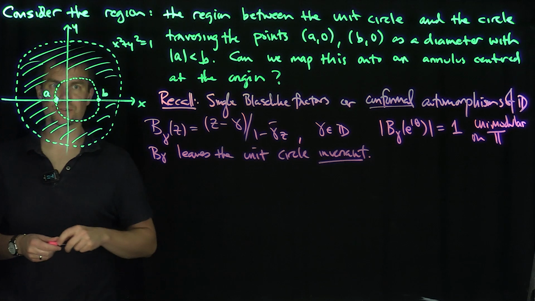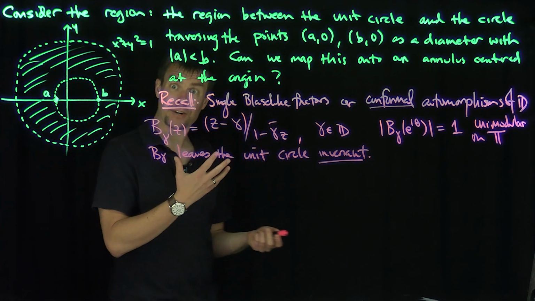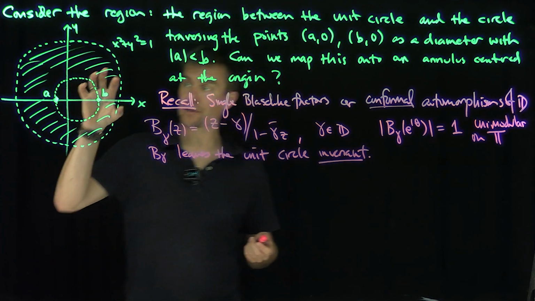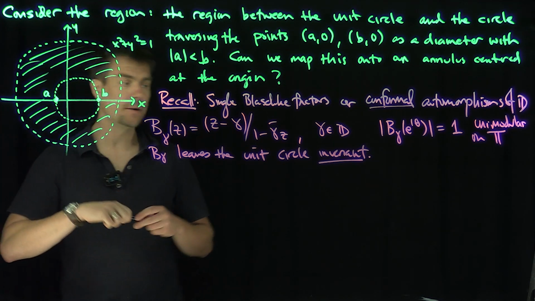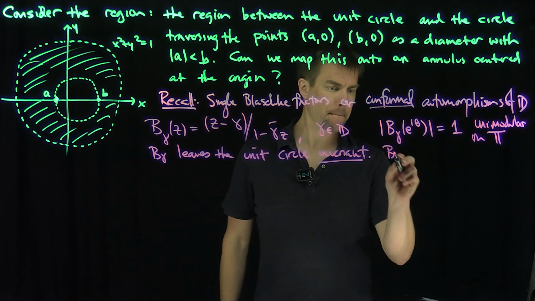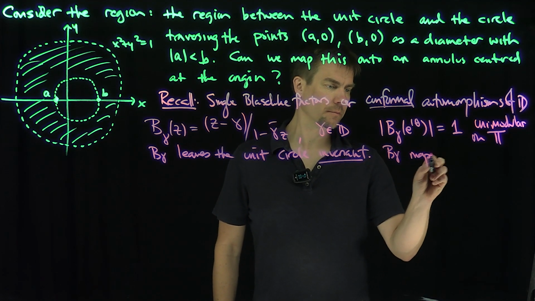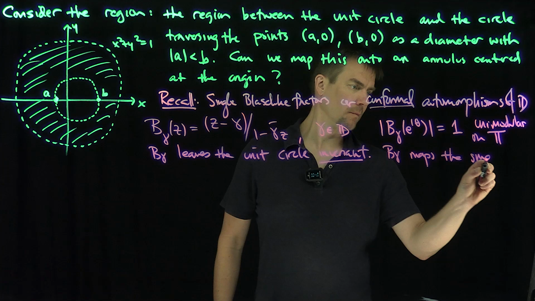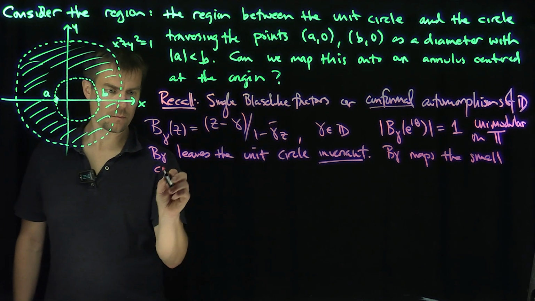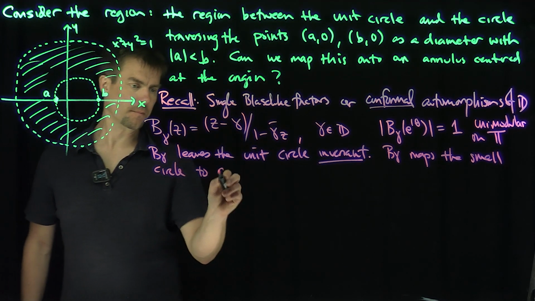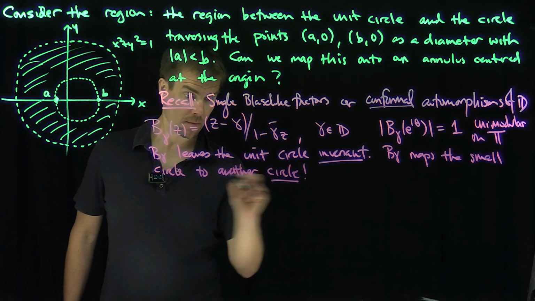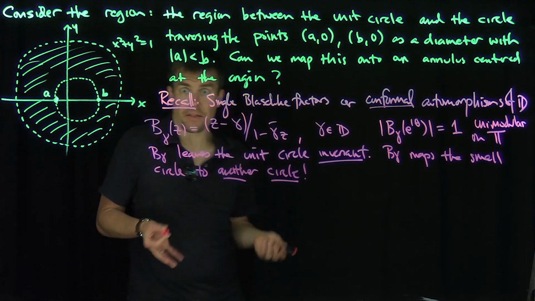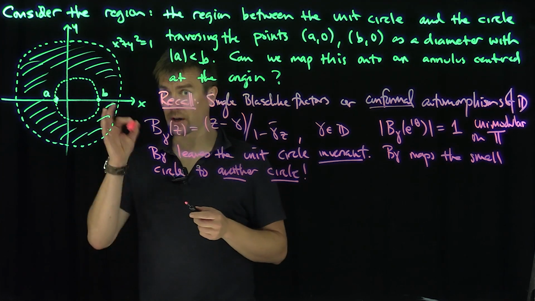And since it's a linear fractional transformation, it's going to take this circle, which does not go through the origin, to another circle, not a line. So B gamma maps the circle to another circle. That tells us this is a good choice to try to solve this problem.